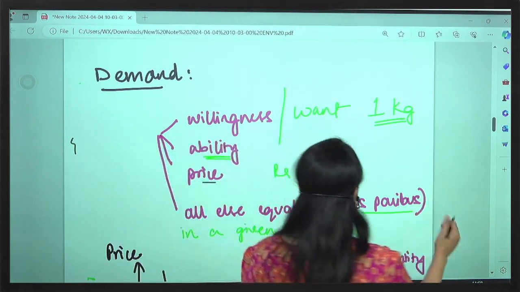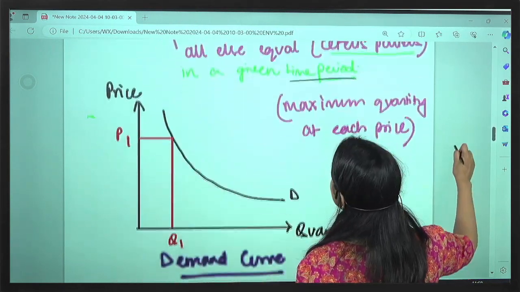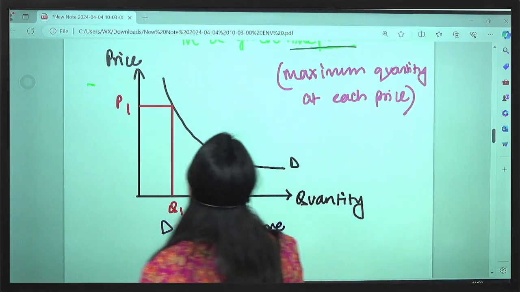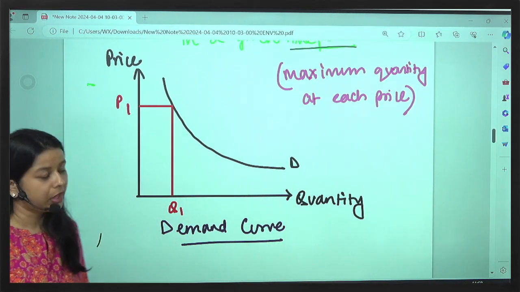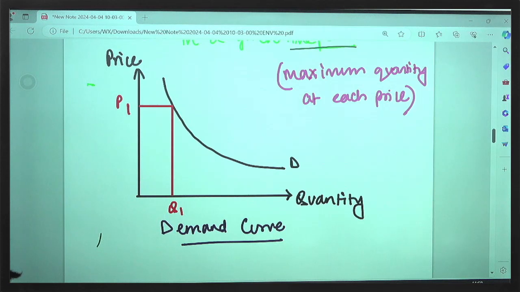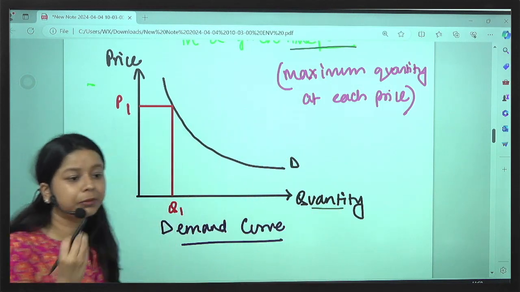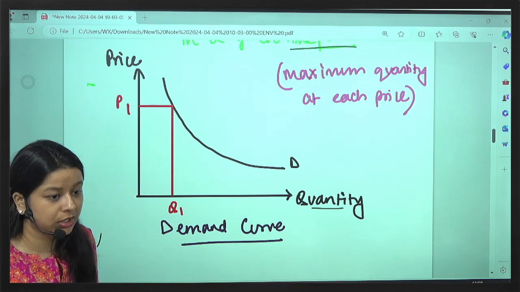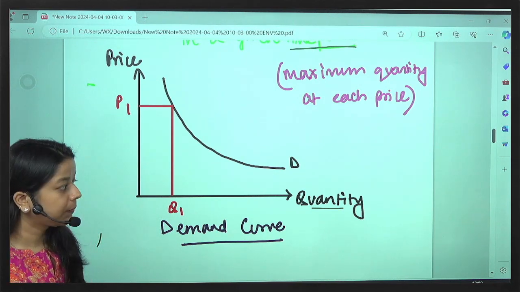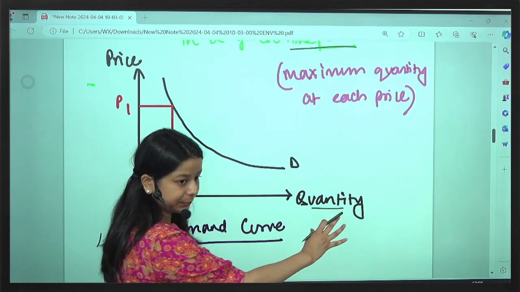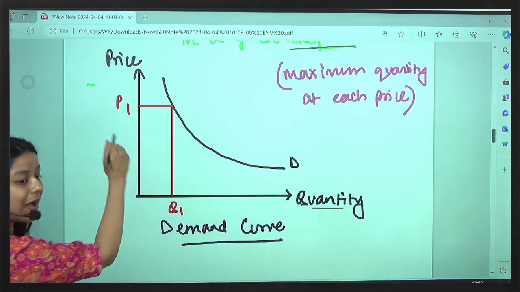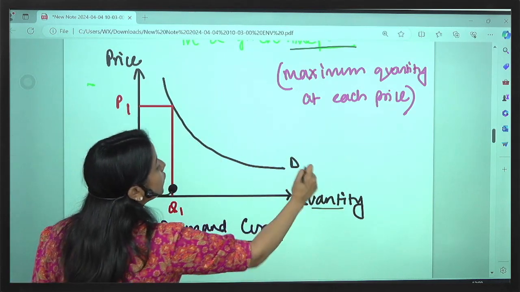Okay. Now, let's understand how a demand curve looks. So this is a very basic demand curve. We put the quantity of the product, 1 kg, 2 kg, 1 liter, 2 liter, on the x-axis. We put the price on the y-axis, and it's downward sloping.